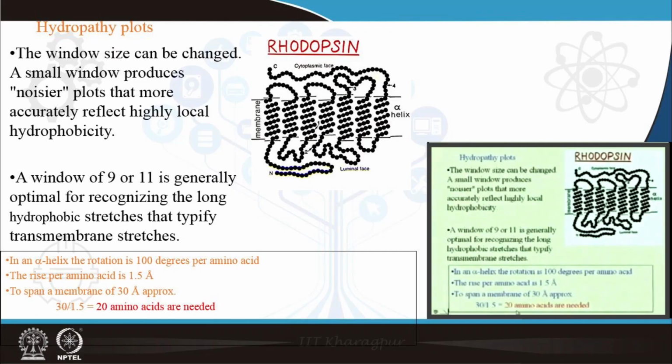20. Why? Because each 1.5 angstroms is for every amino acid residue. I have to span 30 angstroms.